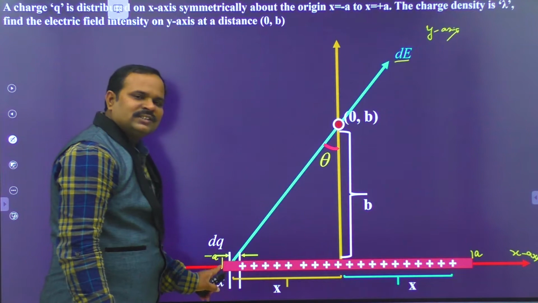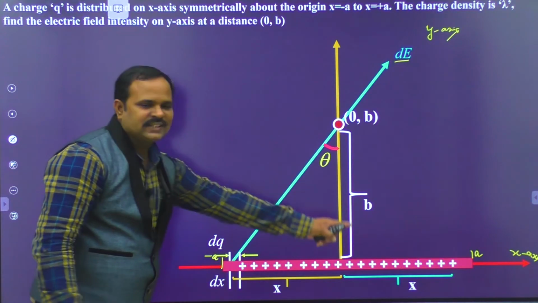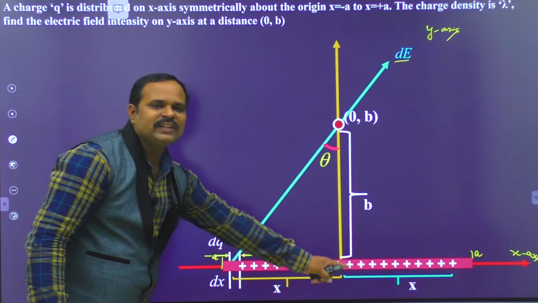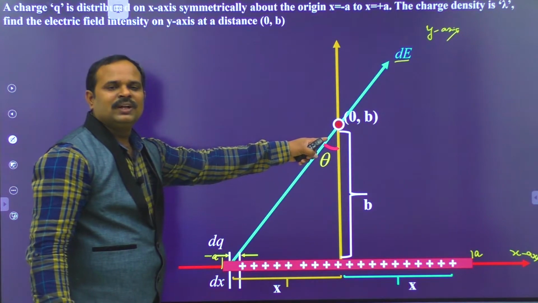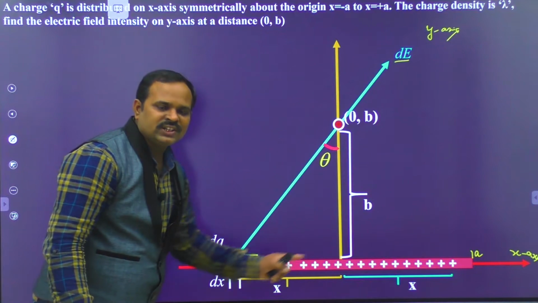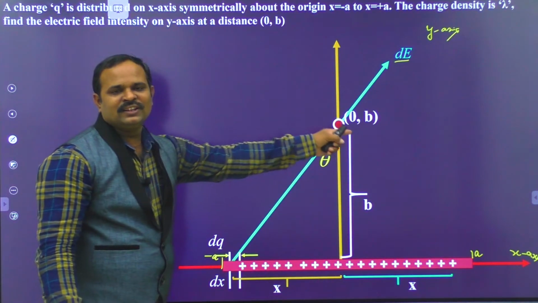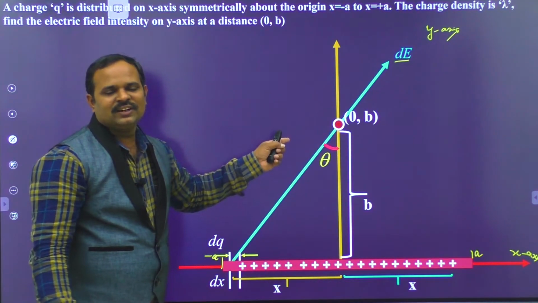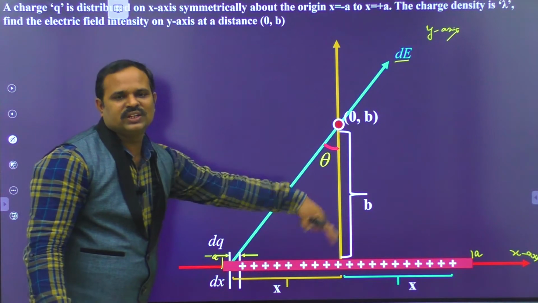Similarly, we will also consider a small charge on the opposite side and find the electric field at this point, and then, since the charge distribution is uniform about the origin, let us see if there is any cancellation of electric field, and then we will sum over the total length.